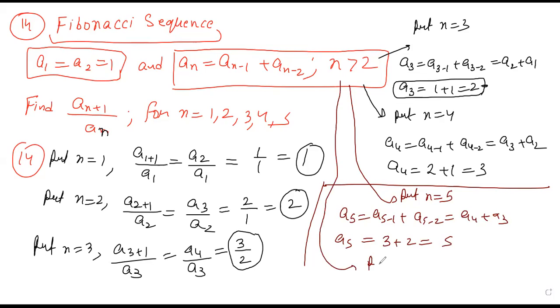Put N equal to 6. A6 is A6 minus 1, A6 minus 2, that is A5, A4. A5 is 5, A4 is 3, that is 8. Now we have to use all these values. So wait and create some space. Okay, students, so remove this part.